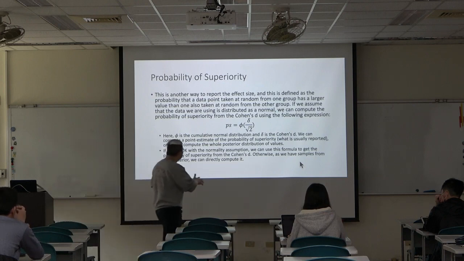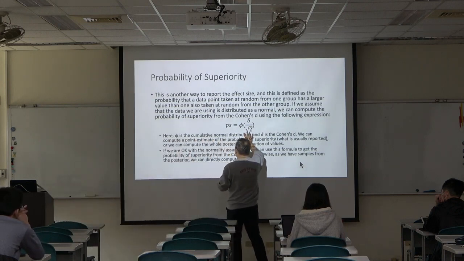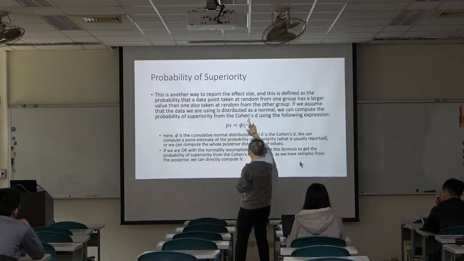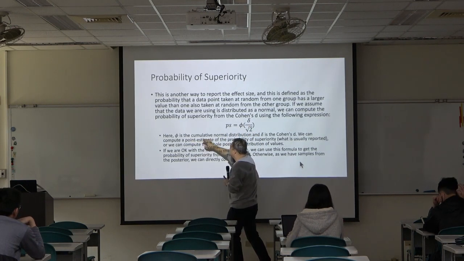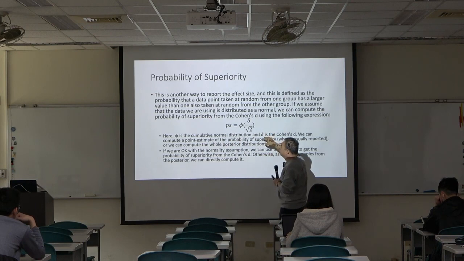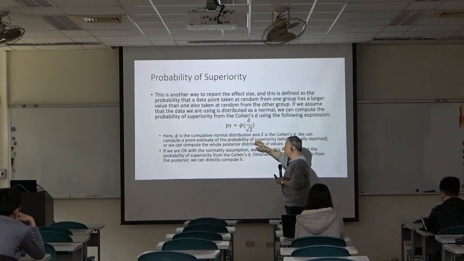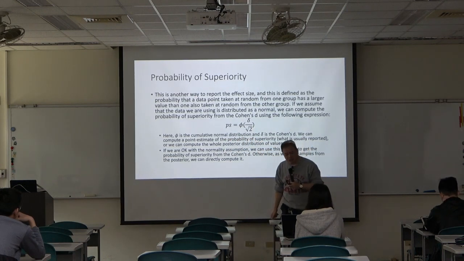In this equation, this is the probability of superiority, this delta is the coherence D, and this phi is the cumulative normal distribution, another well-known distribution.